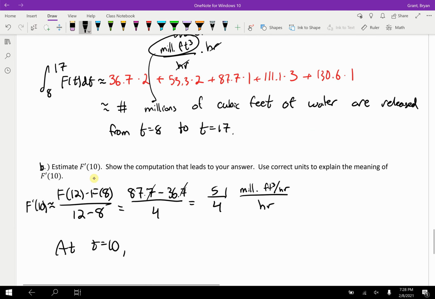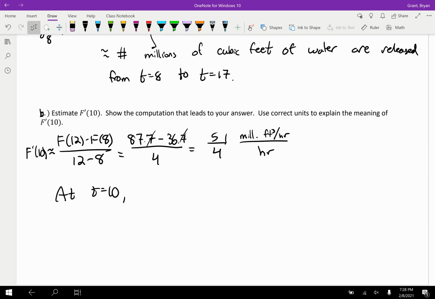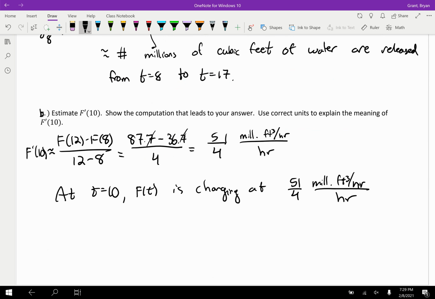So this is the derivative of capital F, so it measures the rate of change of capital F. So we could say F of t is changing at 51/4 millions of cubic feet per hour, and that'd be fine. If you really wanted to think about that interpretation, what it means is, since this is positive, F of t is increasing at a rate of 51/4 million cubic feet per hour.